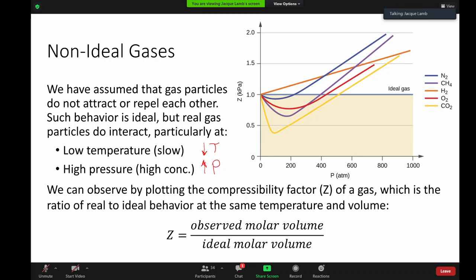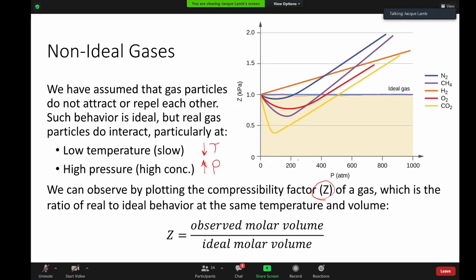At very low pressures, and I want you to look at this, what we're measuring here is the compressibility, Z, of a gas, and we're comparing it to the pressure of the gas. I want you to pay attention to the scale. We're looking at several individual gases, but for an ideal gas, it should be along this line of 1. The compressibility compared to pressure should equal 1 for an ideal gas. And if you look at the scale of pressures, we're talking 200 atmospheres, 400 atmospheres.